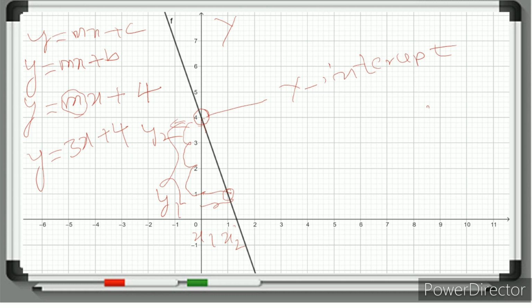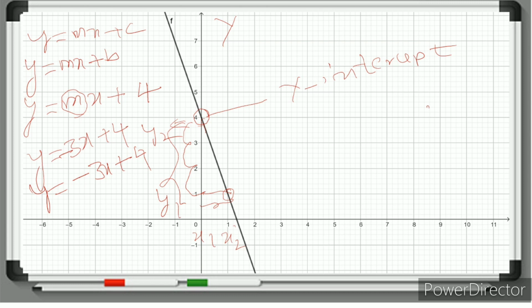The sign of this slope will be minus. y is equal to minus 3x plus 4, boys. Not 3x, minus 3x. Whenever the line moves from left to right, from downward direction to upward direction, we take the slope as positive, and this slope we take as negative.